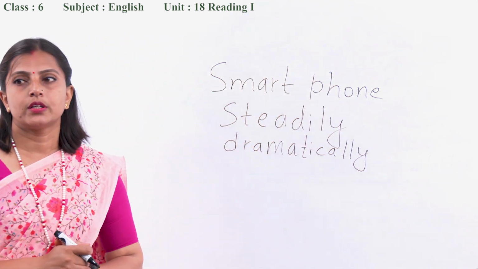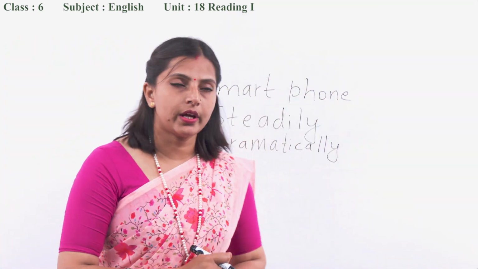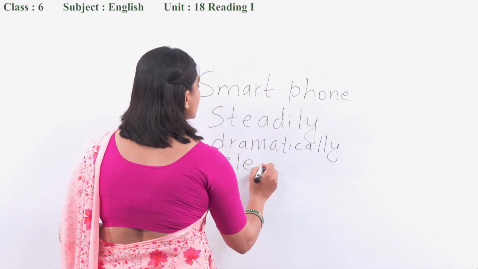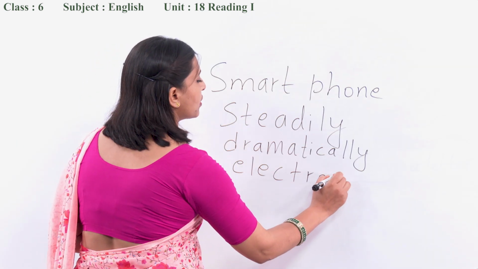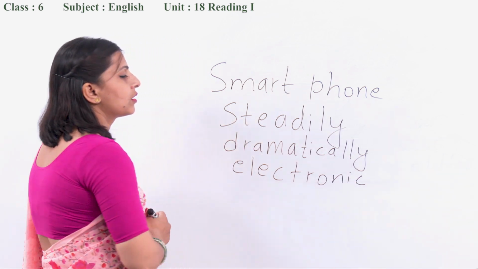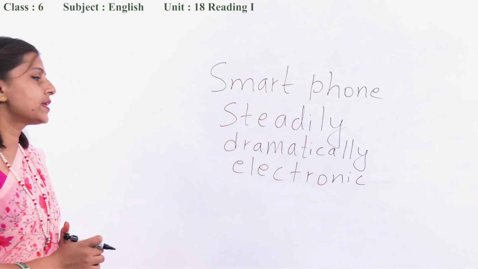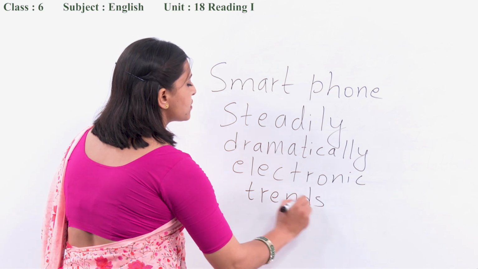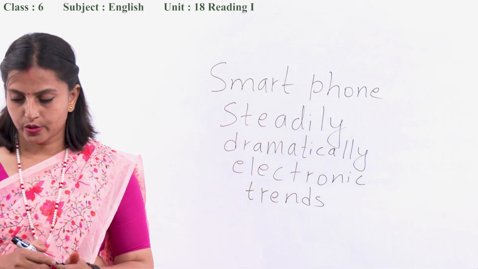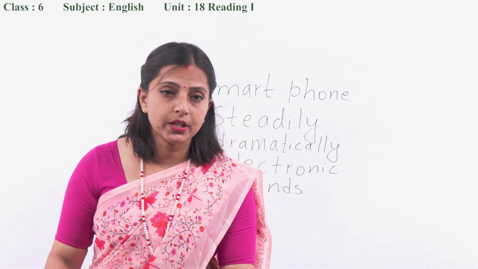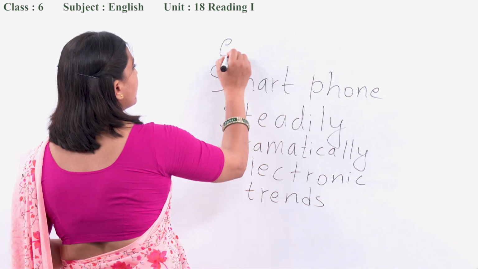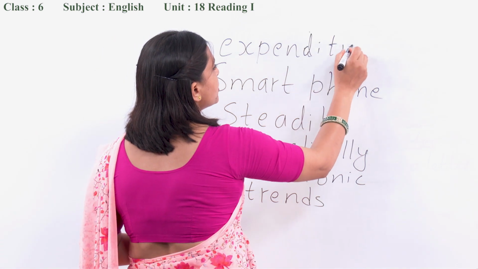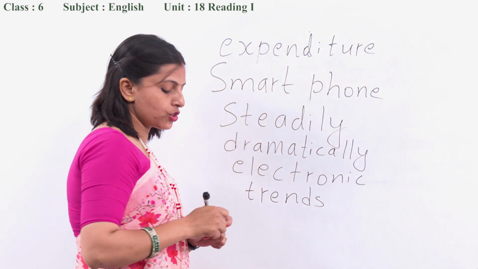Then electronic. And then we have trends. Expenditure we have already read. That's in the topic also.